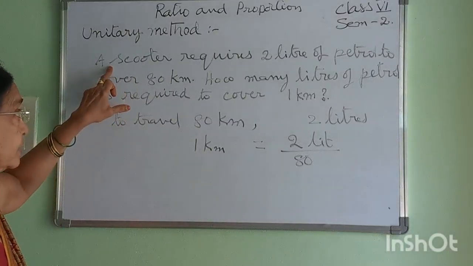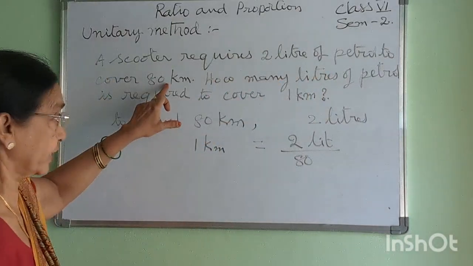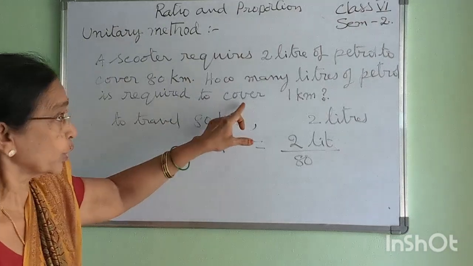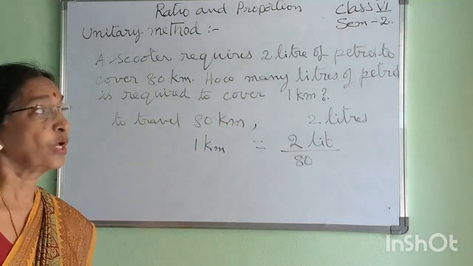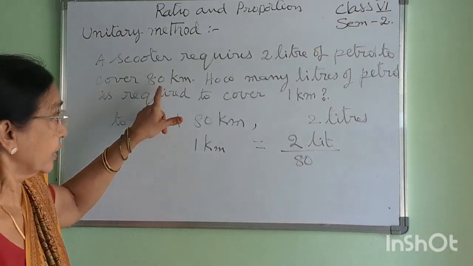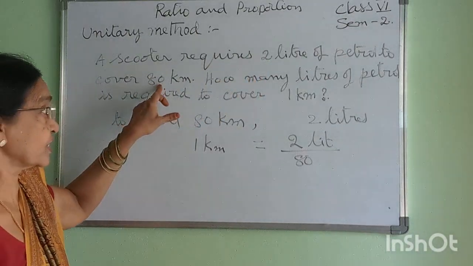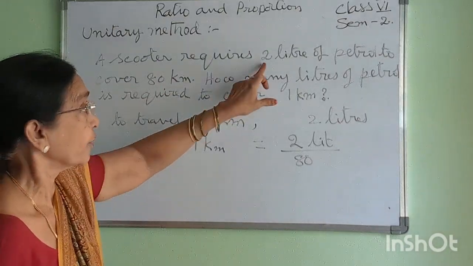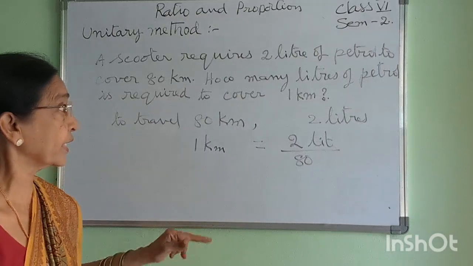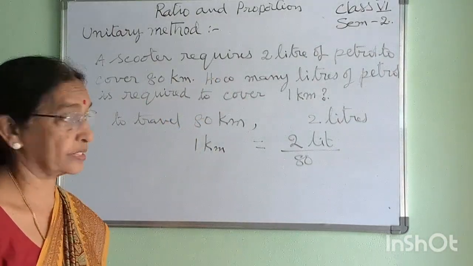Take the second example. A scooter requires 2 liters of petrol to cover 80 km. How many liters of petrol are required to cover 1 kilometer? So, 80 kilometers of distance is covered with 2 liters of petrol. Therefore, for 1 kilometer, it requires 2 by 80 liters.